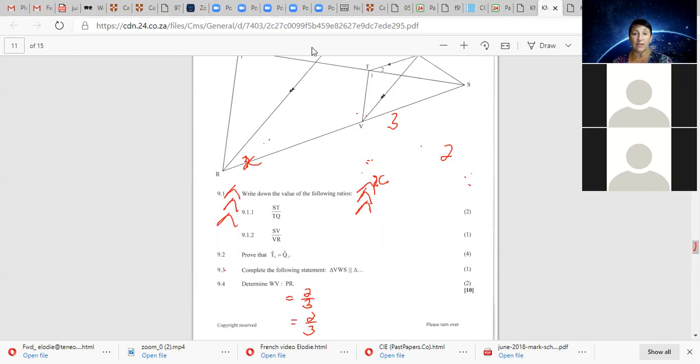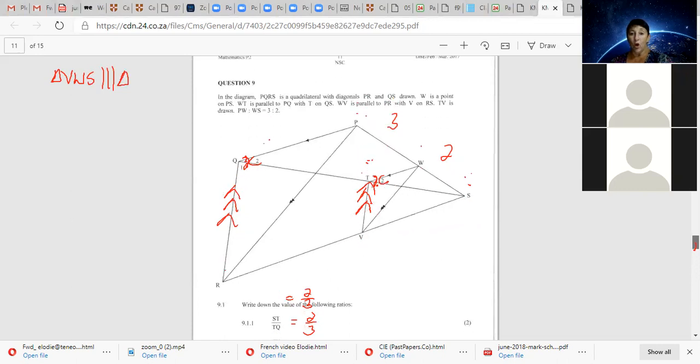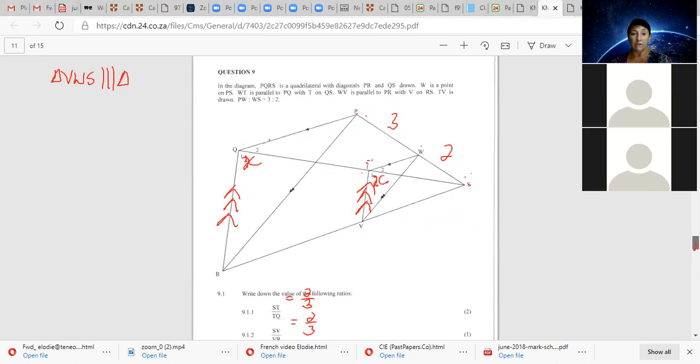Right, I want to write it here somewhere. Triangle VWS is similar to triangle, always have to move this up and down, sorry. VWS is the same as RPS.